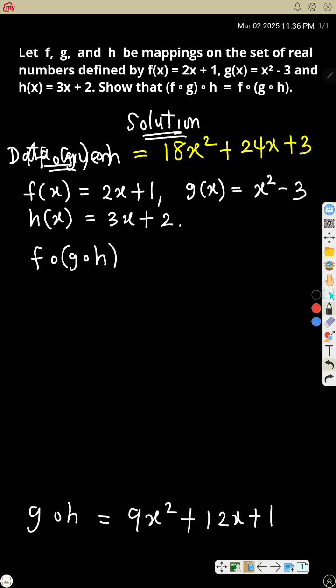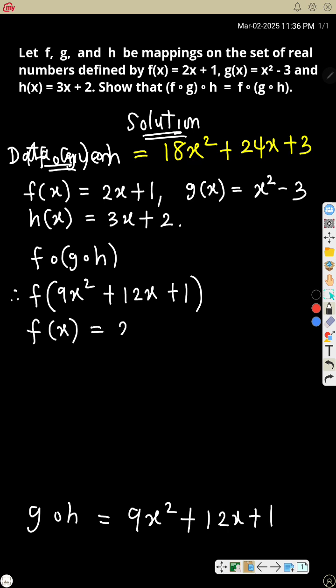Now let us combine. We are now combining f of g of h. So this will now become f of, the result here, g of h, we know it already. That is 9s squared plus 12s plus 1. Remember, we have a function f of x, which is 2x plus 1.